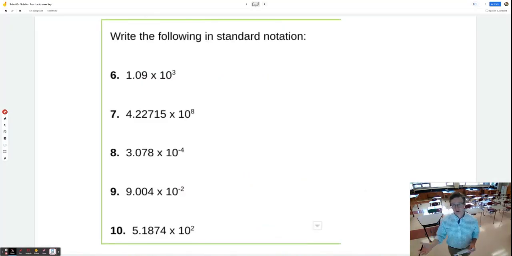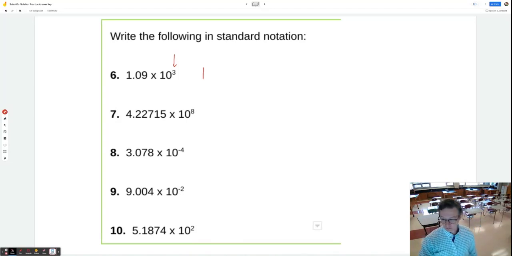Here we're converting from scientific notation into standard notation. So we're expanding the number, adding decimal places, adding zeros as needed, depending on what the exponent tells us to do. So 10 to the power of 3, 10 cubed, means we're going to move the decimal point 3 times. And since it's positive, that means we're going to make the number bigger, which means we have to move the decimal point to the right.